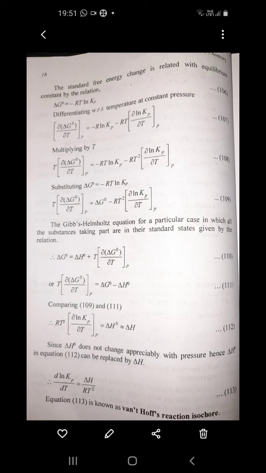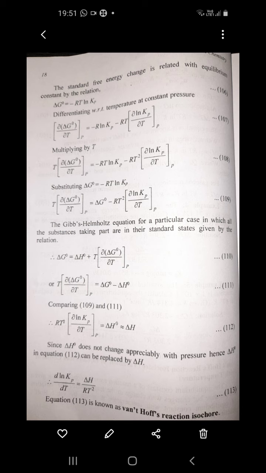So the best way to understand the chemical equation is to write it in the notebook 2, 3, 4 times. So standard free energy change is related with equilibrium constant by the relation delta G0 is equal to minus RT ln Kp.